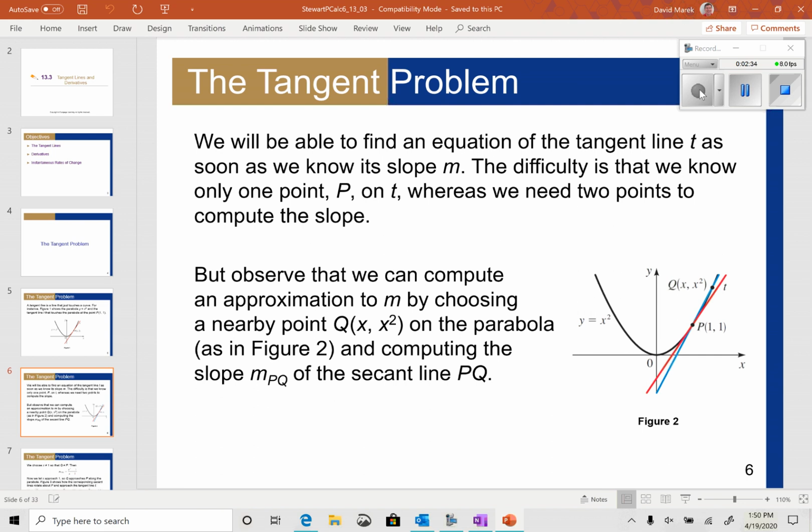If we play connect the dots between point P and point Q, that is not a tangent line. A line that intersects a curve, such as a circle from before, or a parabola, like you see here, is called a secant line. Now that we have 2 points for the blue line, we could calculate the slope.